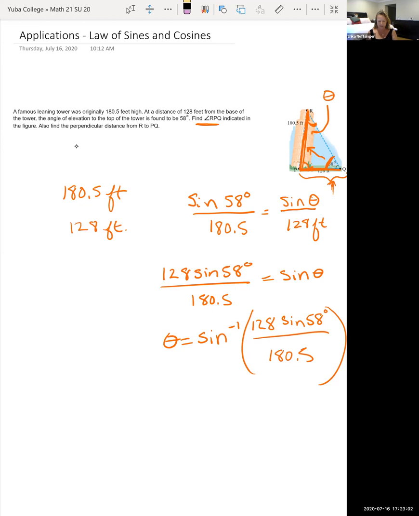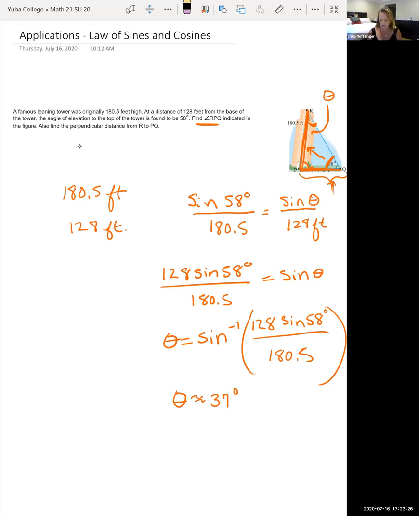Now take the sine inverse of that answer, and you get theta is approximately 36.969. So we can round that up: theta is approximately 37 degrees.